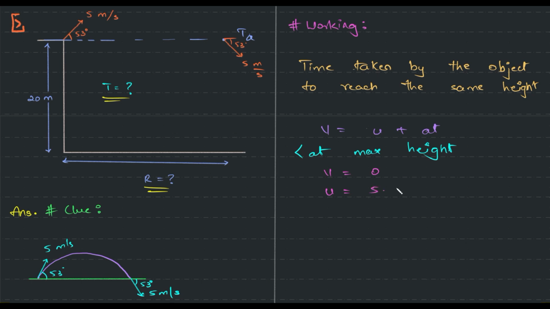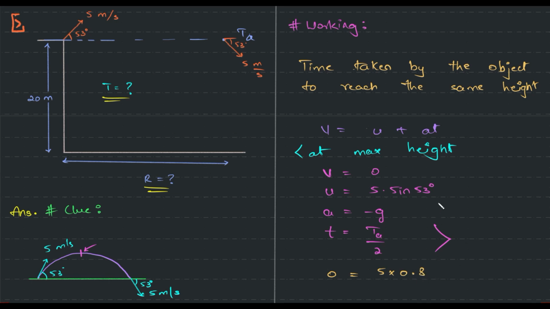So that will be 5 sine of 53 degree. This is V, this is U. Acceleration is minus g and t is TA by 2. Right? So basically I'm looking at this point. That's your point of maximum height. With all of this, so this will be 0. This will be 5 into 0.8.